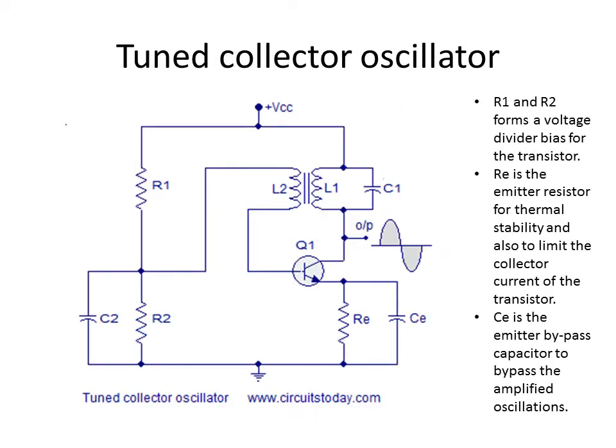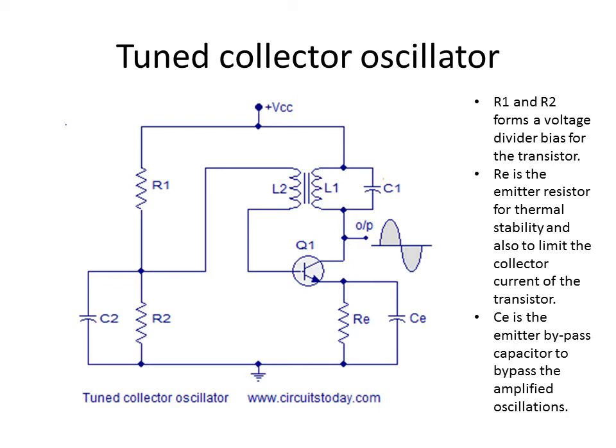So the basis of a sinusoidal oscillator is a tank circuit which will generate oscillations. I have given the circuit diagram here of a tank circuit. It basically consists of an inductor L and a capacitor C. That is also referred to as an LC tank circuit.